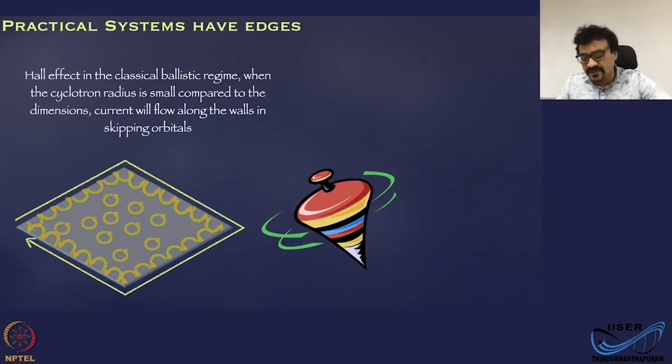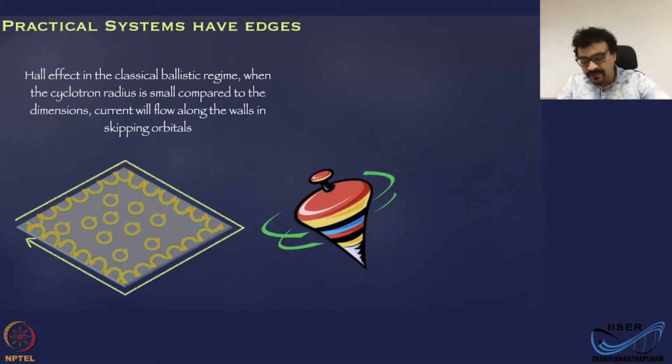That is the situation where you have edges or edge states or skipping orbitals. In this picture, what we have is a rectangular sample and there is a magnetic field applied normal to the plane, and the electrons or the charge carriers will undergo cyclotron motion. This is the classical picture.